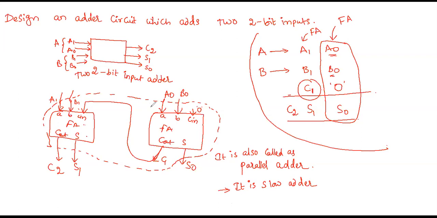Because when you are adding A1 and B1, it is looking for the carry C1 which is coming from the first addition operation. So it will take some time for the first addition operation. So it is a slow adder.